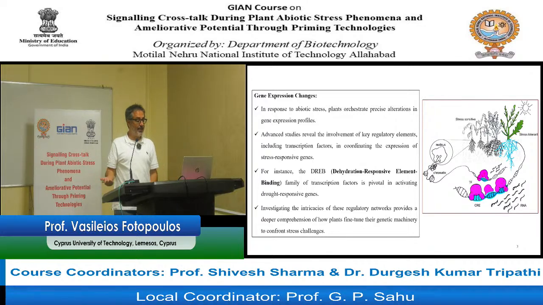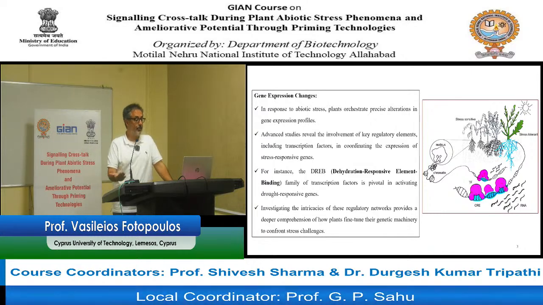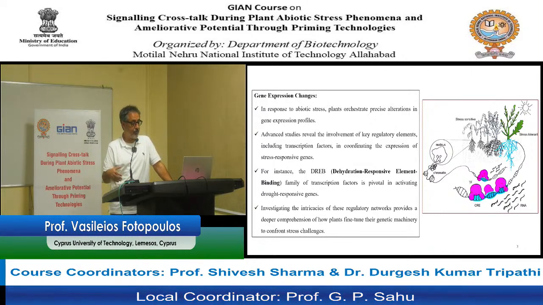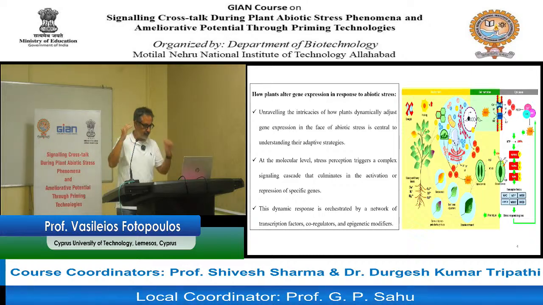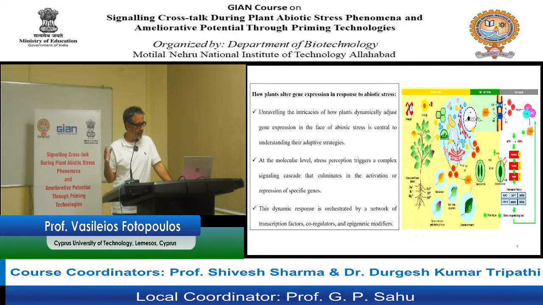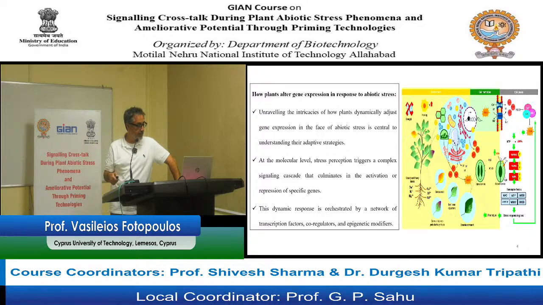So investigating the intricacies of these regulatory networks provides a deeper insight on how plants fine-tune their genetic machinery so as to confront stress challenges. So at the molecular level, the stress perception triggers a complex signaling cascade that culminates in the activation or repression, of course, of specific genes.